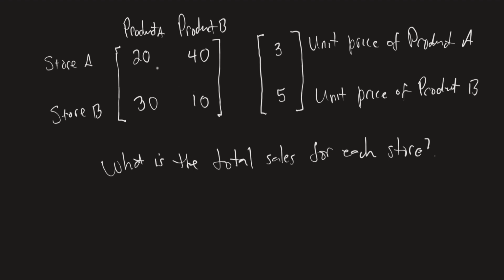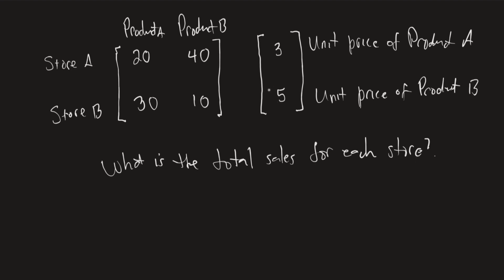But I can't just multiply them in any old haphazard way. Thinking of what I want to find, the total sales for each store, I would have to take this row, which stores the information for store A, and somehow multiply this column, which holds the unit price. And then similarly, I would repeat the process for the second row.